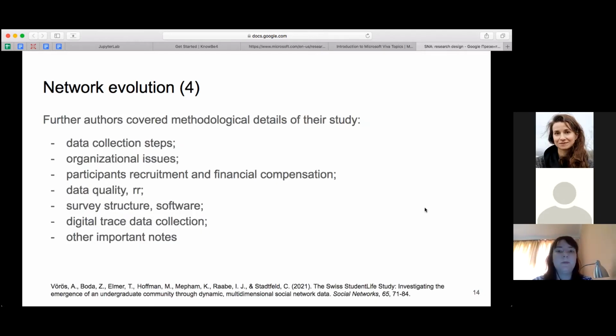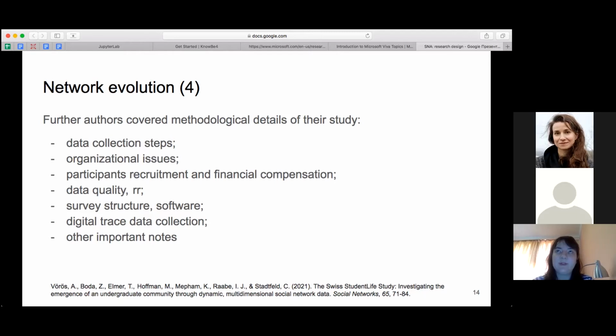The important moment of this study, not only of one of the papers but of the whole study, is that the authors documented the details of their research very attentively and concretely.